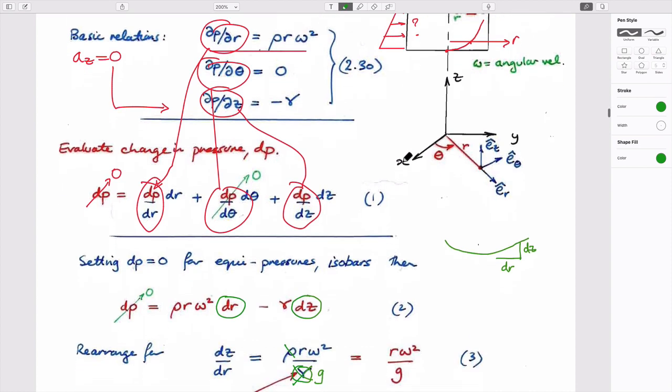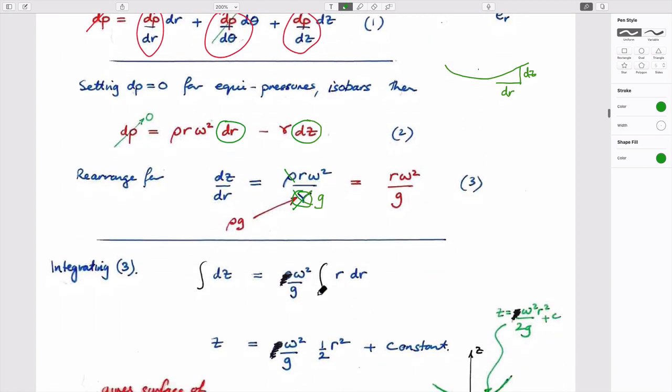And as you go progressively further outwards, then as you increase radius, then it gets higher. It's 0 here for the radius. This is r equals 0 in the middle. This is the rotation axis. And as you go further outwards, it increases.